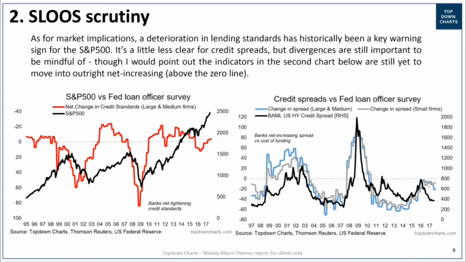But the thing that stopped me from going full bear on this one is that it never actually got above that zero line. Because it's the amount of banks net increasing their spread versus cost of funding, it means they're still net decreasing, but decreasing at a lower rate, versus if they go above the line, they're net increasing. So really, the message for that one is note the divergence, but don't get too concerned about it.